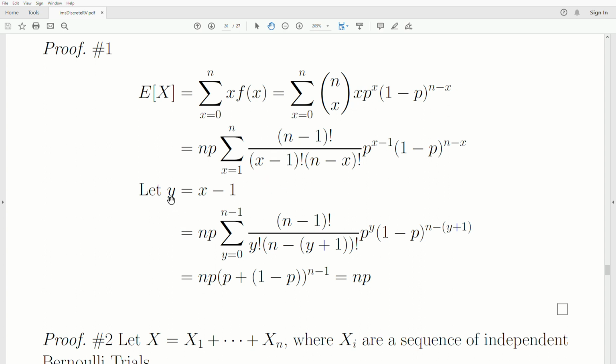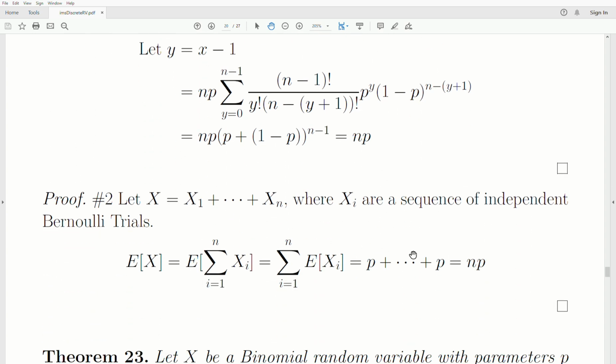Now if we do an index change, y equals x minus 1, so x becomes y plus 1, and we're summing from 0 to n minus 1, and then we use the binomial theorem again, where this is a and this is b, but 1 raised to that power is just 1, so it's n times p, and it is proven.